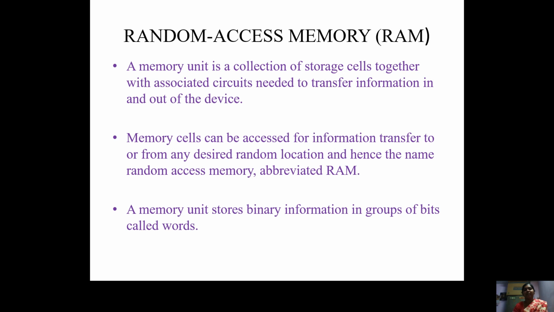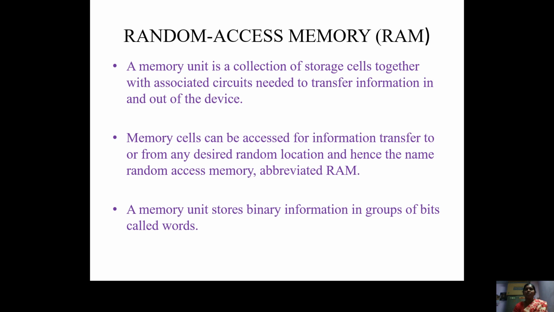Here we have two types of memories. Those are RAM and ROM. RAM in the sense random access memory. Random access memory allows us to perform two operations, that is read and write operation.